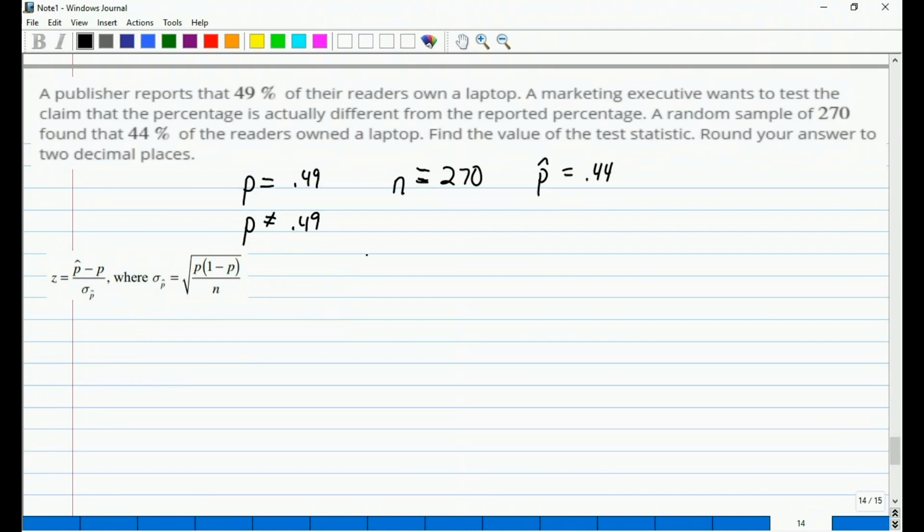So our z is going to be equal to 0.44 minus 0.49 divided by, now here's the main thing, is that I get this sigma sub p hat right. And it is going to be the square root of p times 1 minus p, which is 1 minus 0.49, is 0.51, over n, and n was 270.